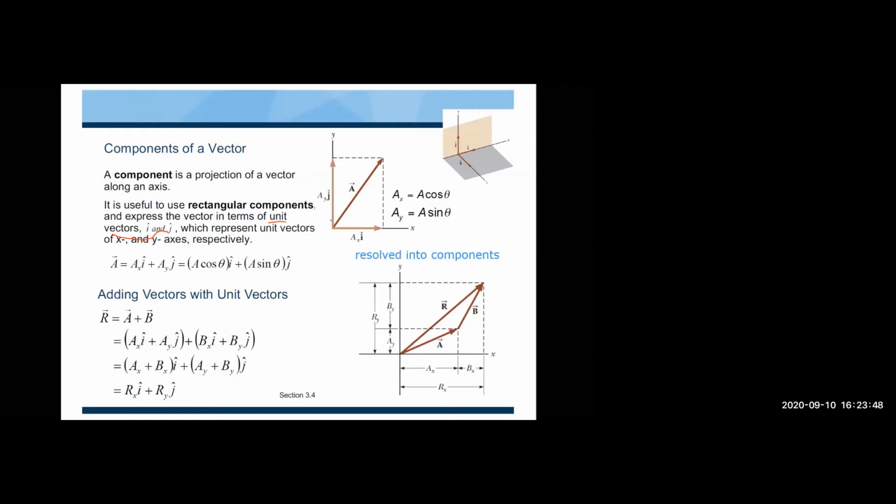If you are having an A vector points like that and B vector points like that, you are individually making the motion along the x-axis by AX plus BX, and the motion along y-axis AY plus BY. At the end, this would be the final value of the vector A plus B.